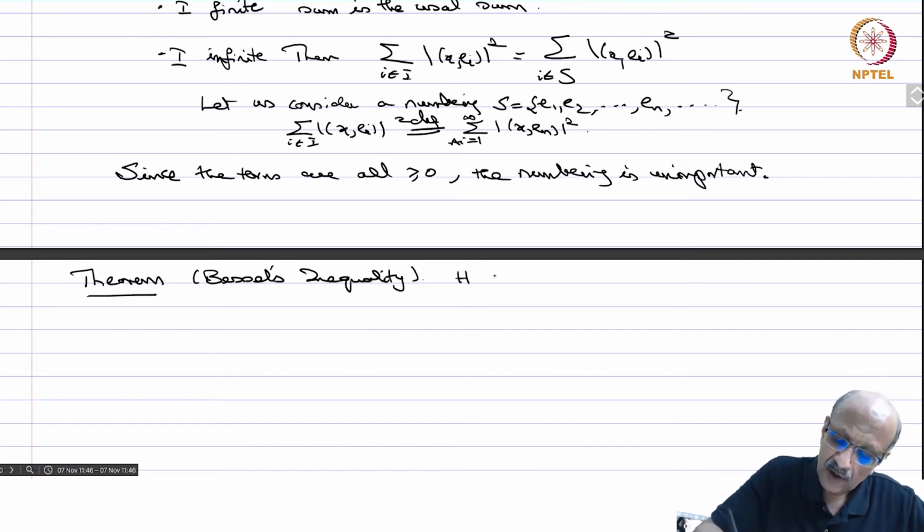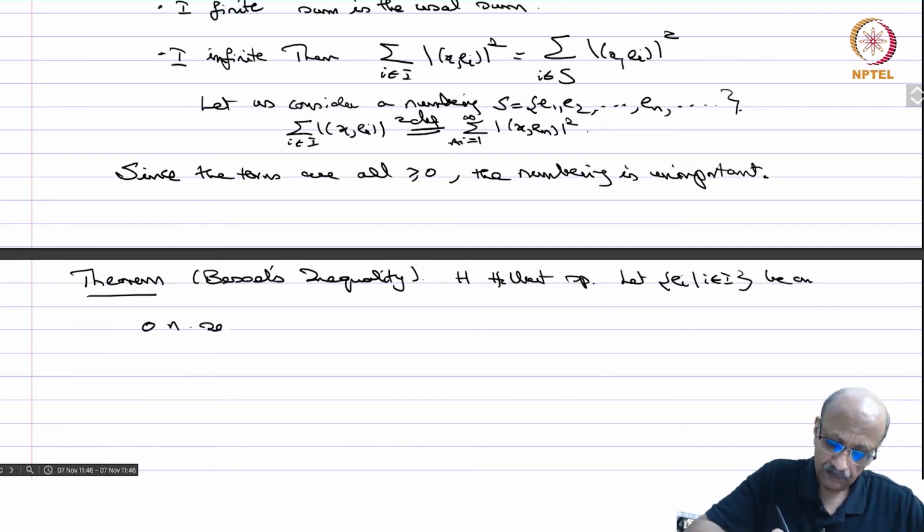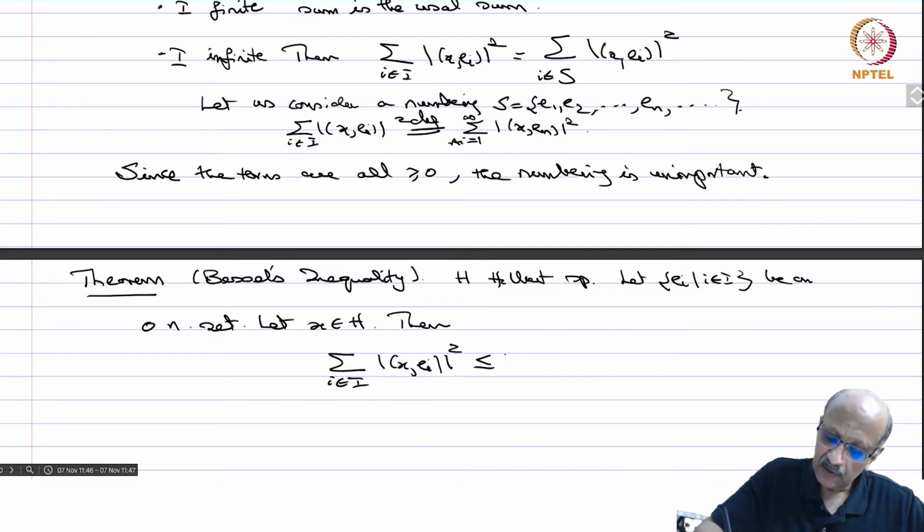Let H be a Hilbert space, let e_i, i in I, be an orthonormal set. So let x belong to H, then Bessel's inequality says that the sum over i in I of mod <x, e_i> square is less than or equal to norm x square.